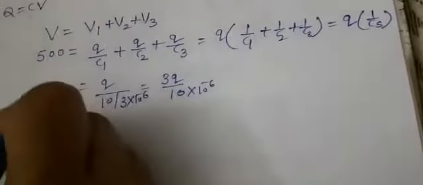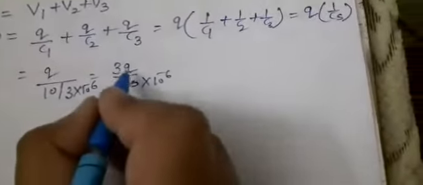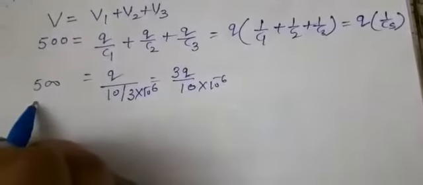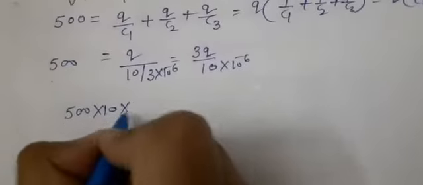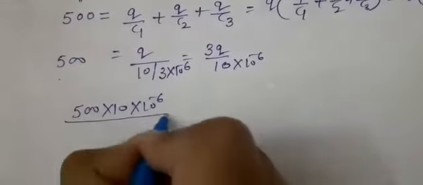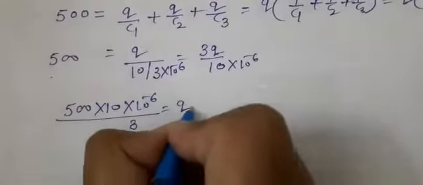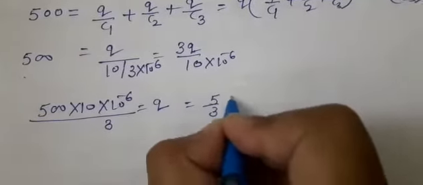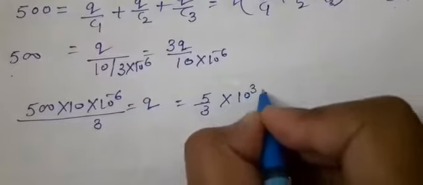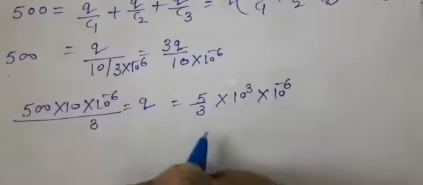So now just solve it, rearrange it. You have to calculate the value of Q. So here 500 into 10 into 10 raised to the power minus 6 divided by 3 equals Q. So it is 5 by 3 into 10 raised to the power 3 into 10 raised to the power minus 6.